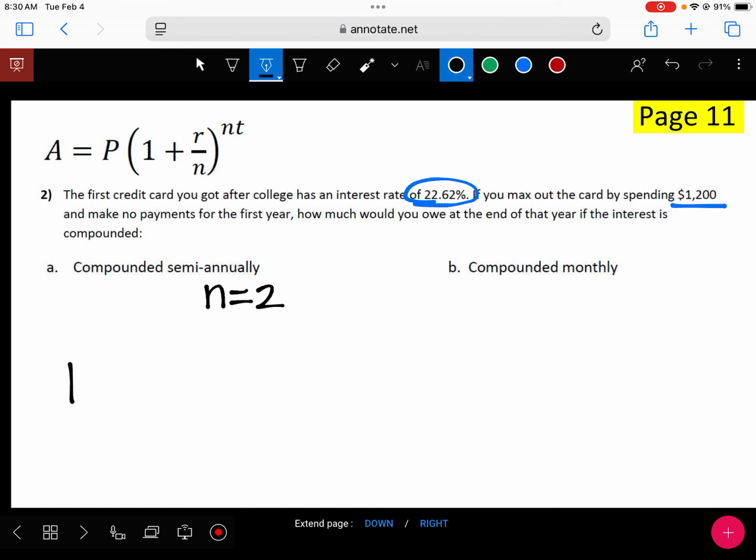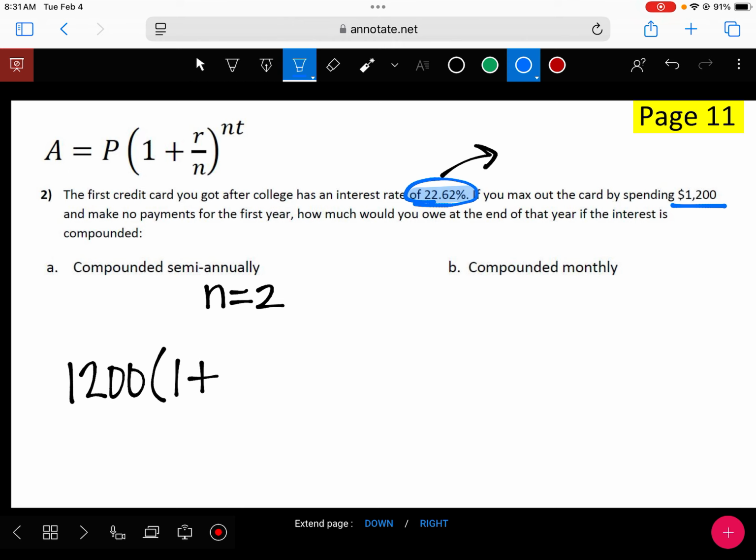So we're going to type in our calculator. We have 1,200, parentheses, 1 plus. Now remember, you always divide that rate by 100. So pick up your calculators. Take 22.62 and divide it by 100. That's your R value that you're going to use.